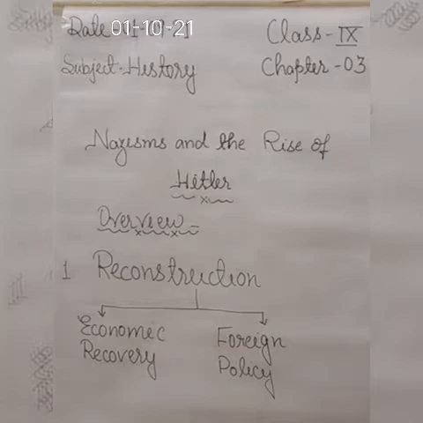Anyhow, in 1932, the Nazi Party became the largest party, and finally on 30 January 1933, President Hindenburg offered Hitler the chancellorship. And students, the chancellorship was the highest position in the cabinet of ministers.